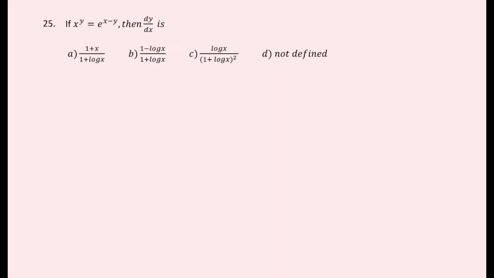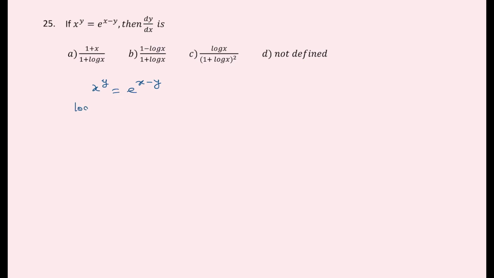Question 25. If x raised to y is equal to e raised to x minus y, then dy by dx. This is an implicit equation, that is x and y are together. x raised to y is e raised to x minus y. Here both base and power are variables. If both are variables, we need to use logarithmic differentiation.